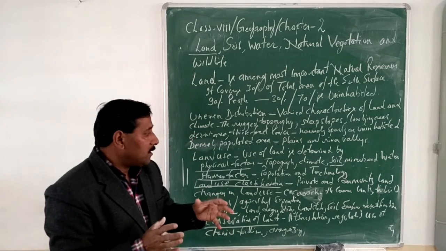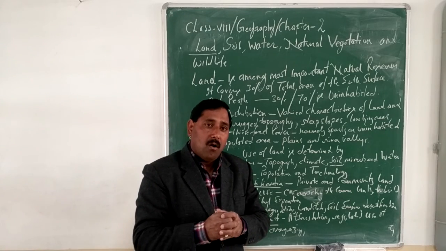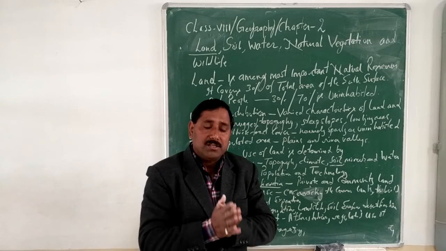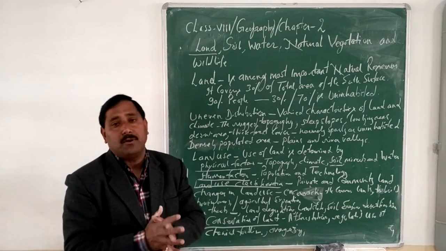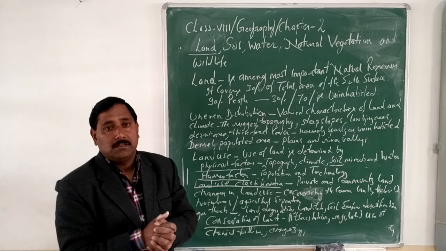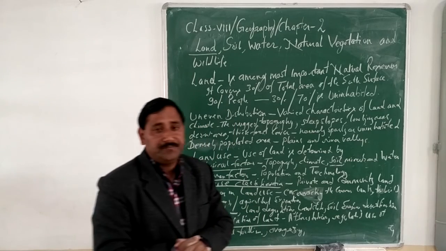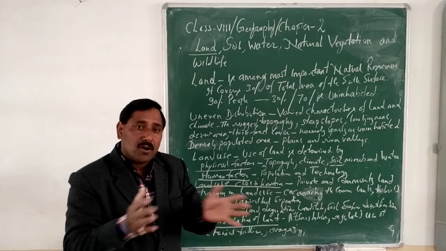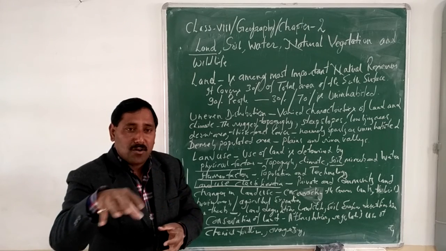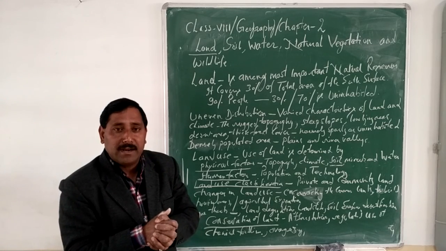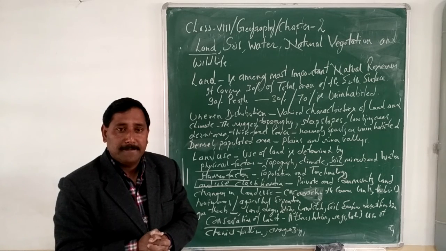So those pieces of land whose facilities are built by a large number of people, that is termed as community land. You can also talk about the railway stations, bus stations. All those areas are also part of community land, where nobody can stop you from utilizing the things.